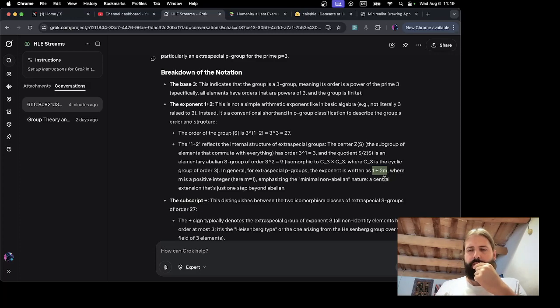Next one is written as 1 plus 2m, emphasizing the minimal non-abelian nature. A central extension that's just one step beyond abelian.